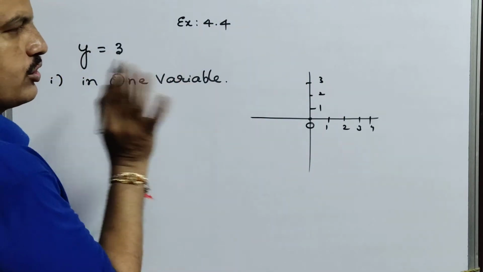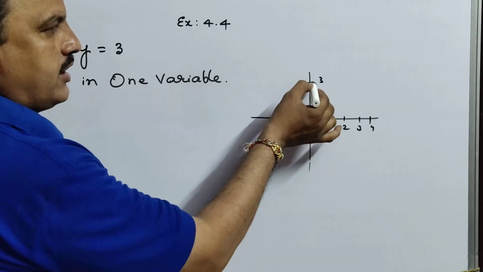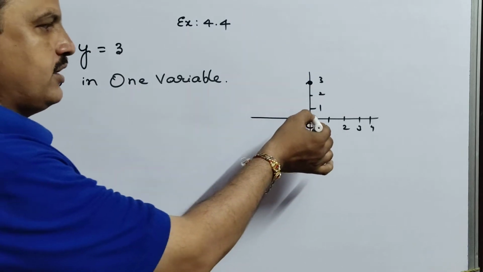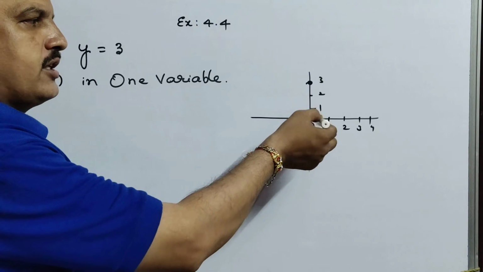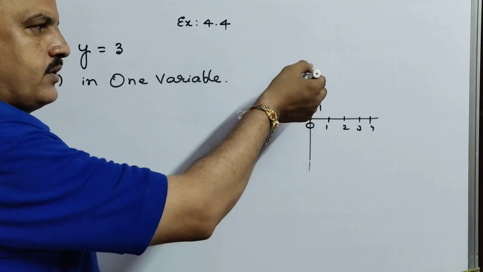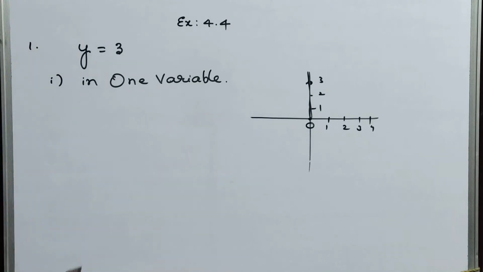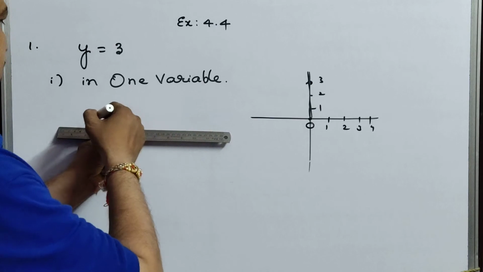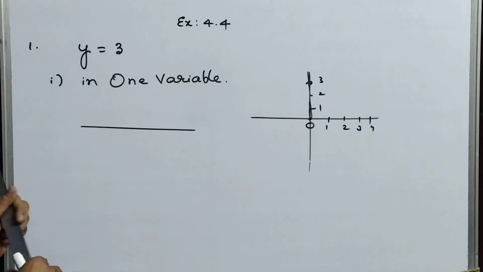Just y equals 3. It's not asking for (0, 3), it's simply asking for y. Where is 3 here on the number line? Here it is. So in which position is this, horizontal or vertical? Vertical. You can draw in your notes horizontally also, no problem, because it's only one variable.